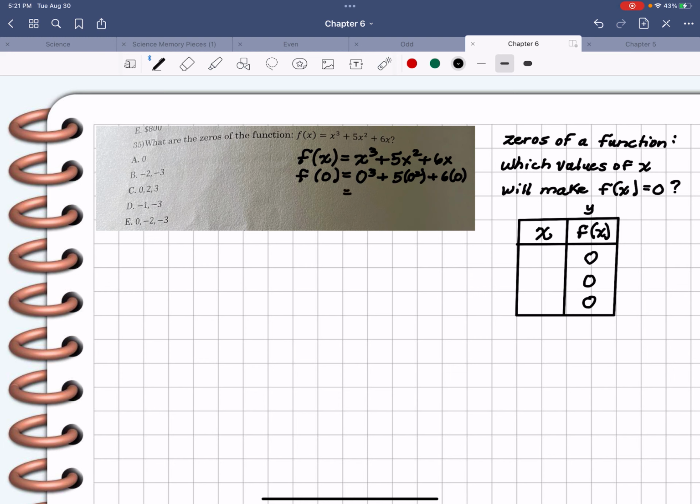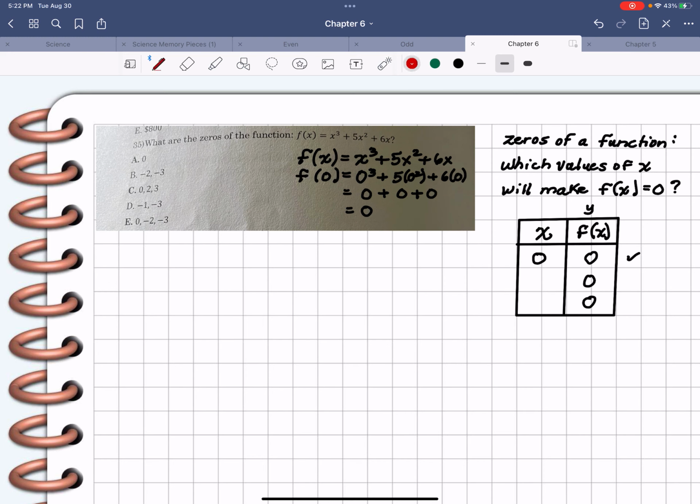And sure enough, this zeroes out. So we know that when x is 0, y is 0. That point checks out. But then you would have to check all the points that way. And you can do that if you want to. That's one way to solve this.